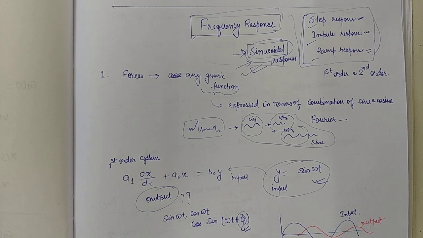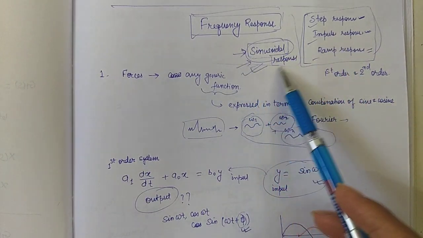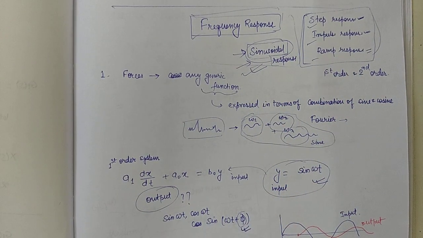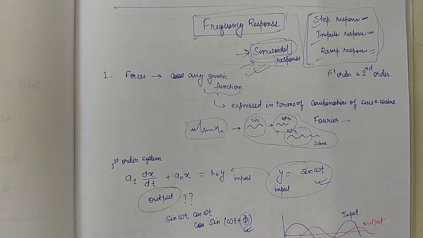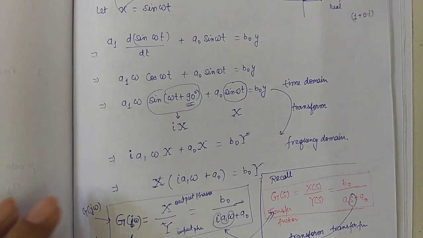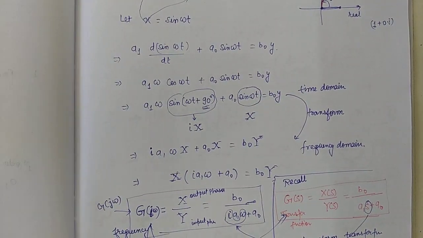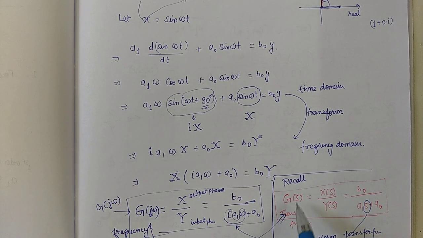Good morning. In the last class, we talked about the frequency response of sinusoidal inputs. We have seen that any system can be seen in the form of a frequency transfer function, and analogously written as the transfer function in the S domain as well.